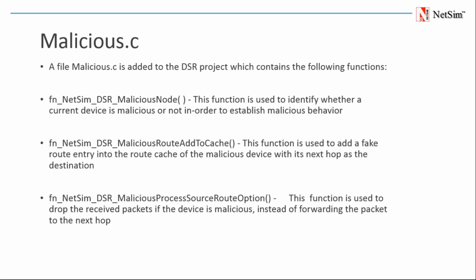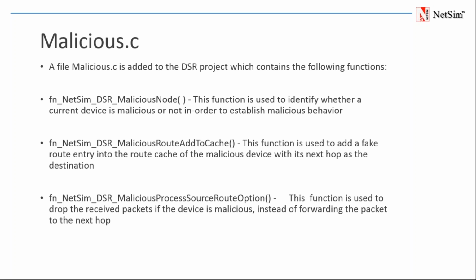So this is the malicious.c file, and these are some functions which are used in the programming just to have the malicious sinkhole attack. The first function is fn_NetSim_DSR_MaliciousNode. This function is used to identify whether the current device is malicious or not in order to establish the malicious behavior.